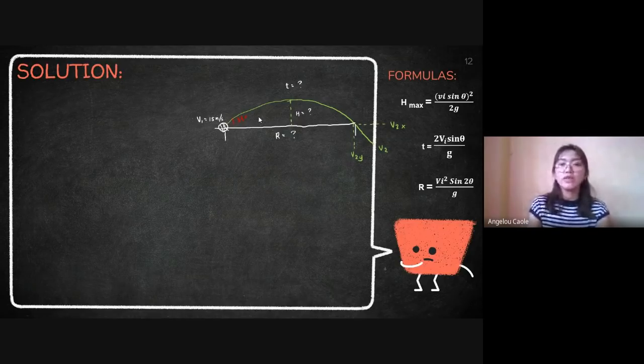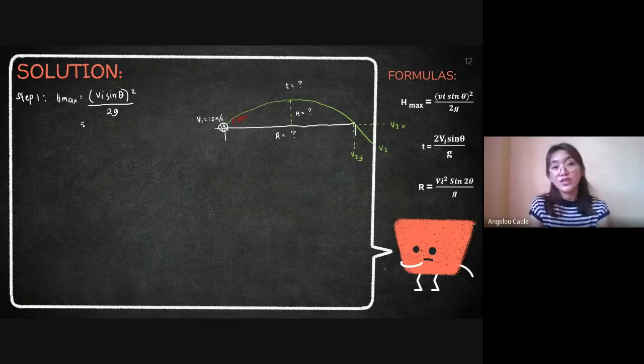Since the velocity is already given, the angle is given, and the acceleration due to gravity is constant, we can just easily substitute those given to these formulas. So step 1, we have H max is equal to (V_i sine theta) squared divided by 2g. You just need to substitute.